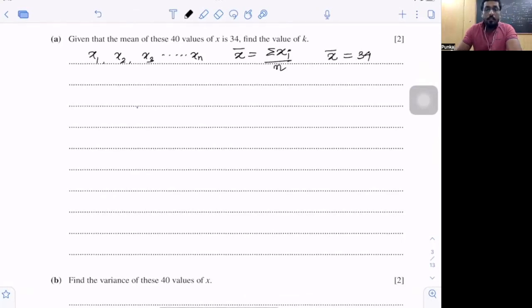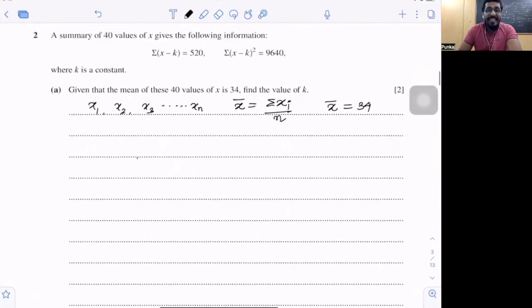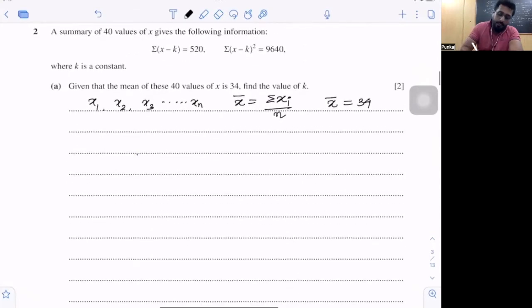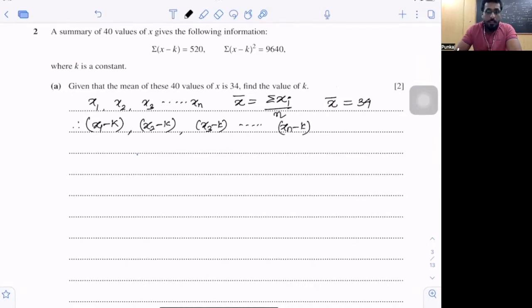Now if every individual score is decreased by an amount of k, so therefore I can have x1 minus k, x2 minus k, x3 minus k, and so on up to xn minus k. So we have 40 values like this, right? So the new mean will also get decreased by the amount k.